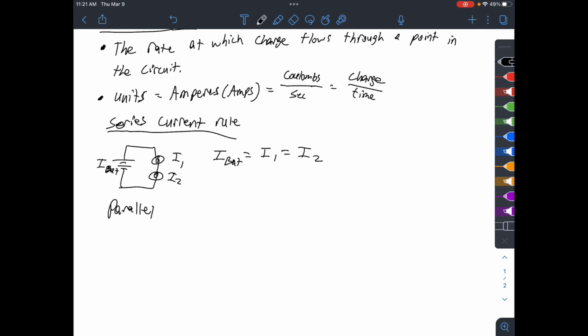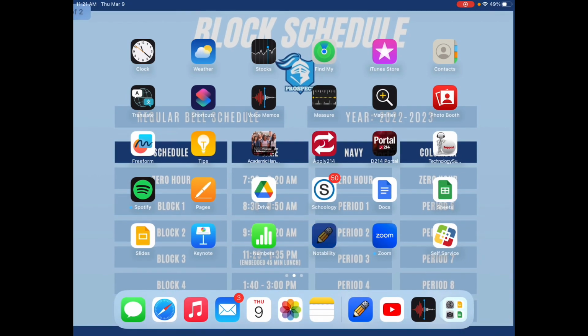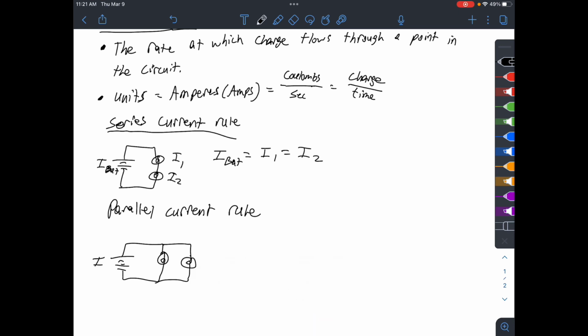Parallel circuits, and this is the parallel current rule. There is still a current across the battery and a current across each bulb.